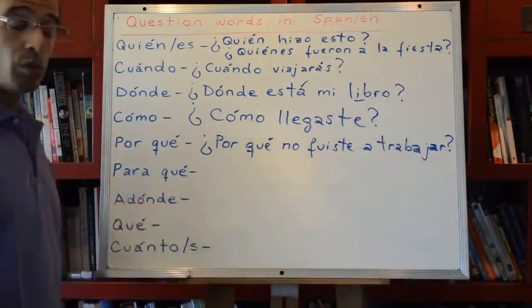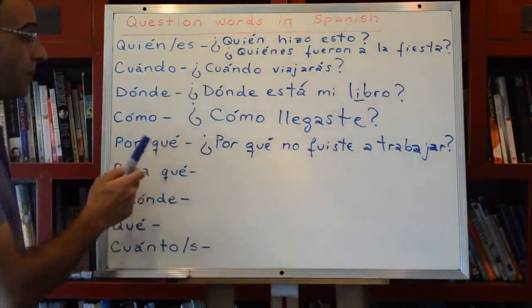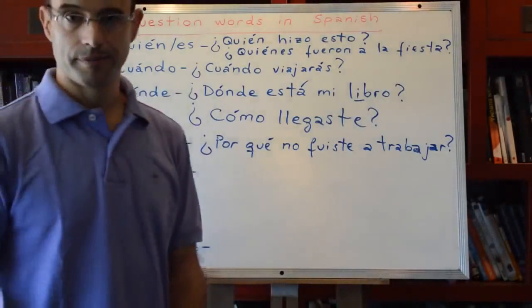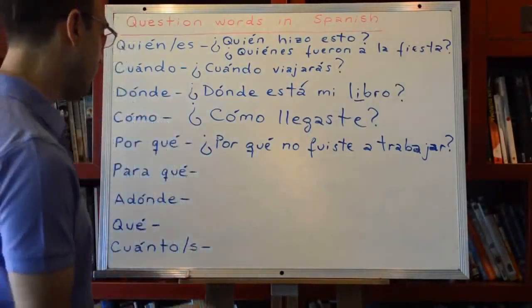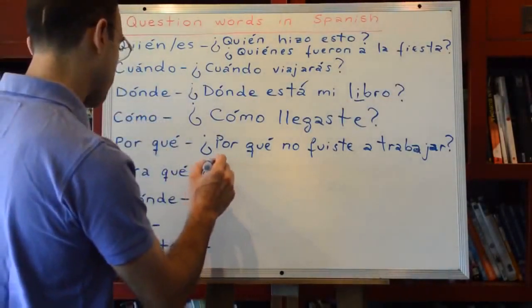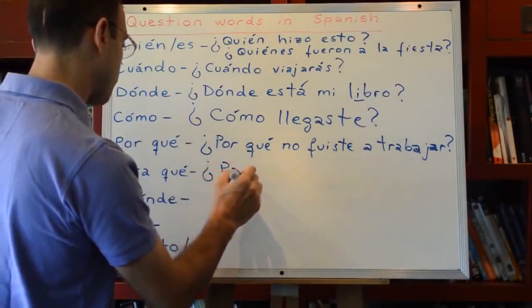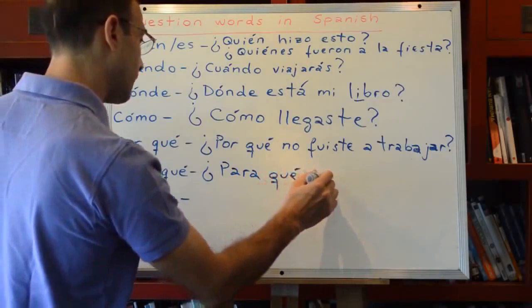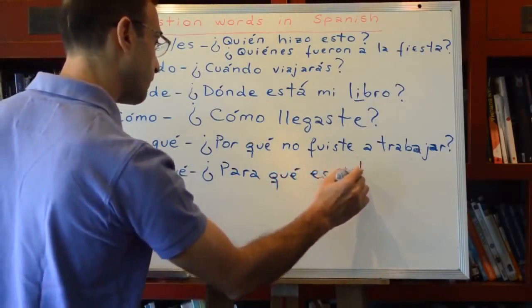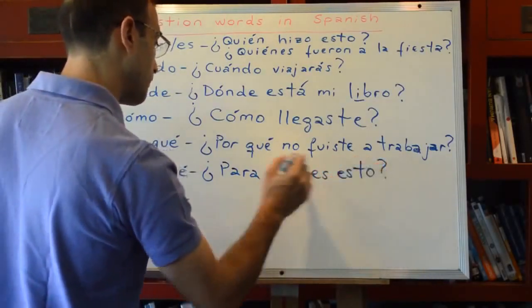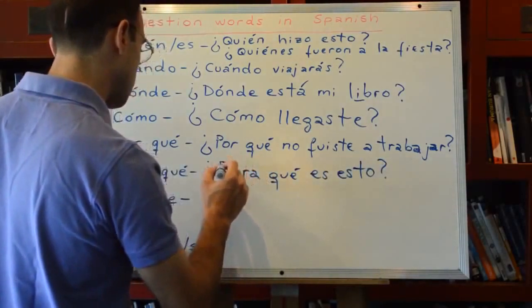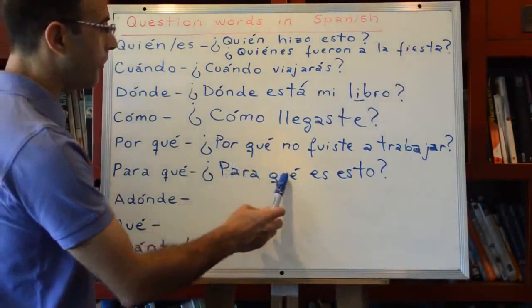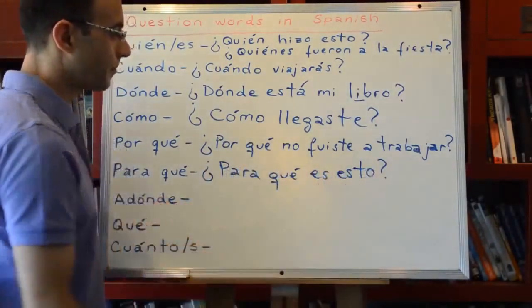Now, ¿para qué? This one is very similar. ¿Por qué means why. ¿Para qué means what for? What for? Example. ¿Para qué es esto? What for is this?